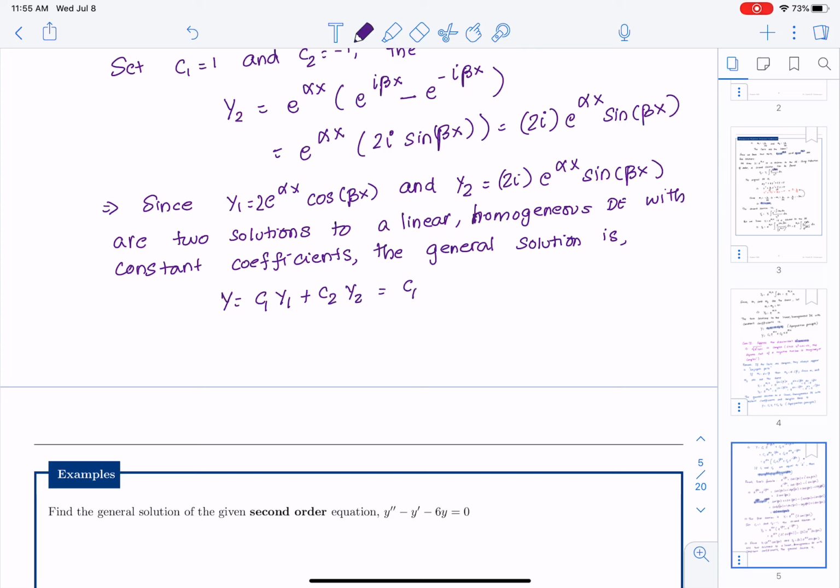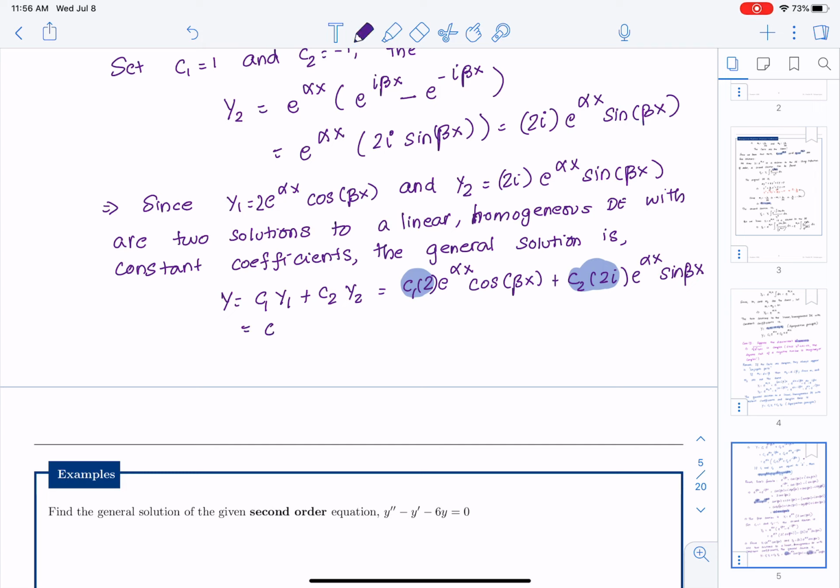So that would be c1 times 2 e raised alpha x cosine of beta x plus c2 multiplied by 2i e raised alpha x sine beta x. But 2c1 is a constant. 2i c2 is another constant.